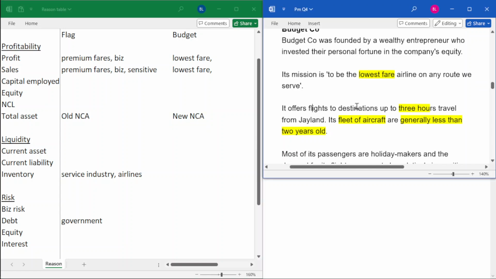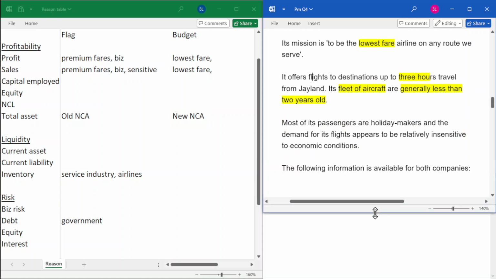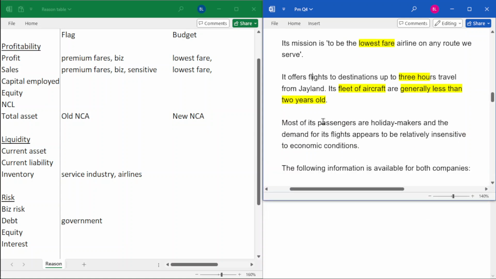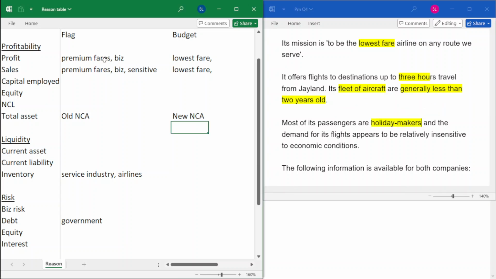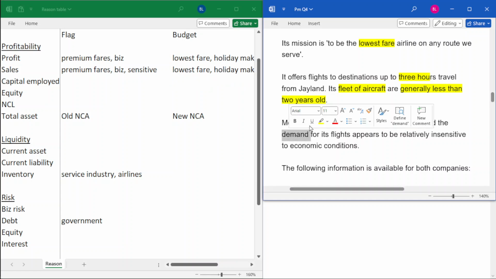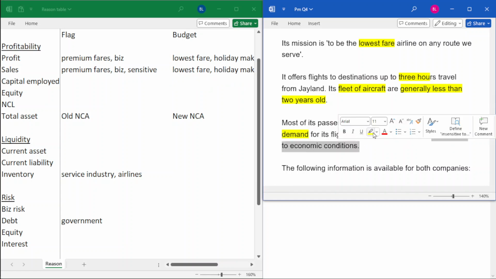Most of its passengers are holiday makers. Maybe you can put the sales, you sell to holiday people, so you earn the profit from holiday makers. And its demand is insensitive to the economic condition.